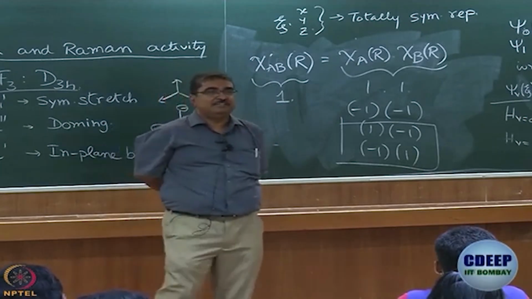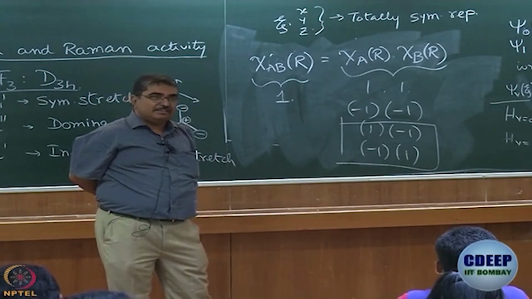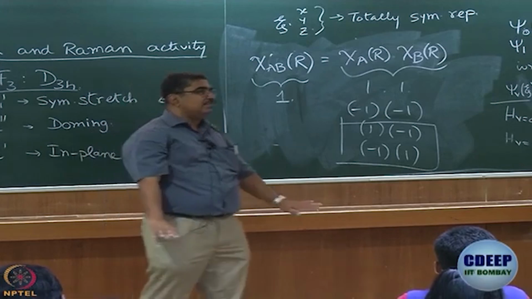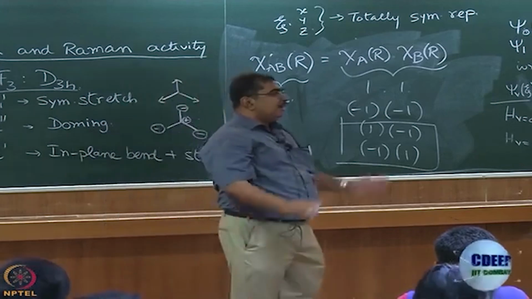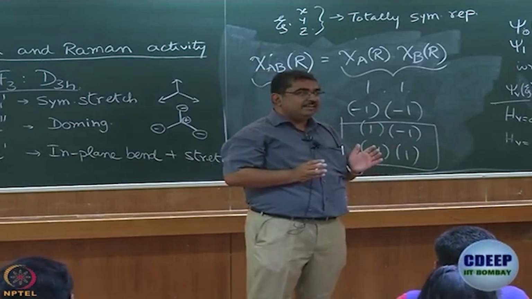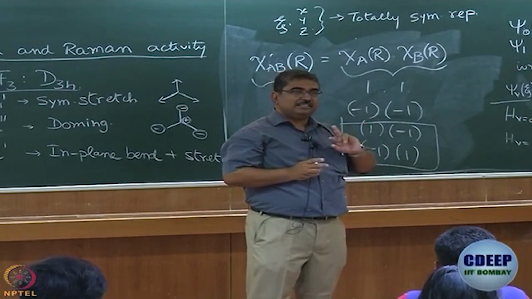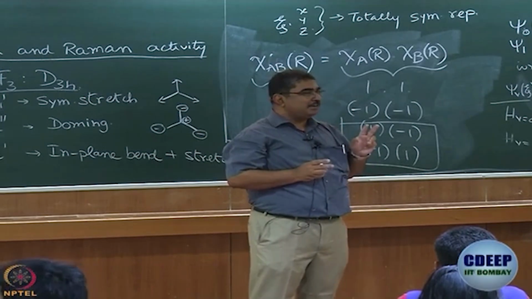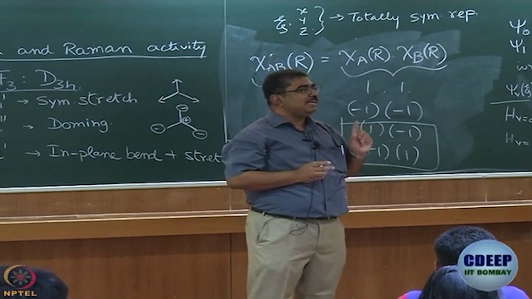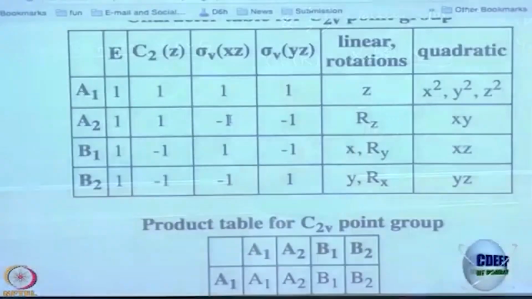Do we not agree? I take a direct product. Let us talk about one dimensional representation for now. If the direct product has to be totally symmetric, then it is imperative that both the functions participating in the product belong to the same symmetry species. Do we agree with that?